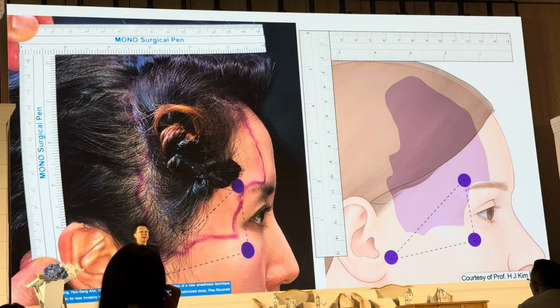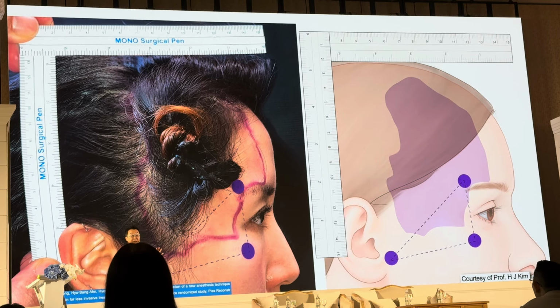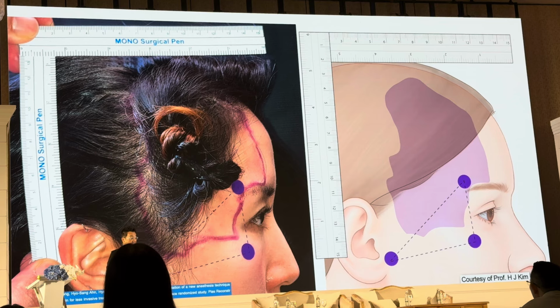This is the anesthetic effect, as you can see, including the hairline, temple, the forehead-temple junction, and the skin above the zygomatic arch. When you get this anesthetic effect using such a simple technique, it is very useful in many clinical procedures, such as HIFU, thread lifting, laser treatment, and even some injection techniques.